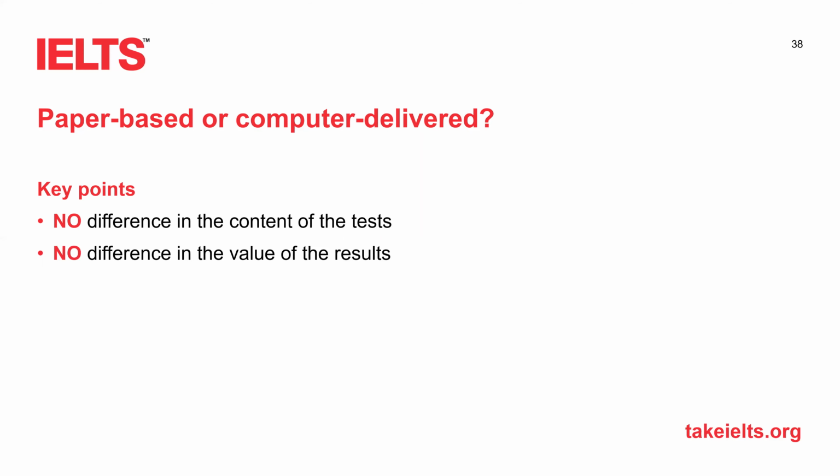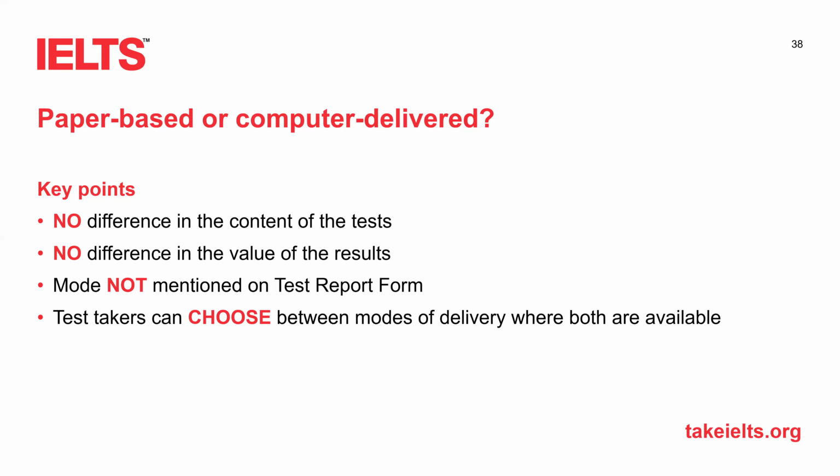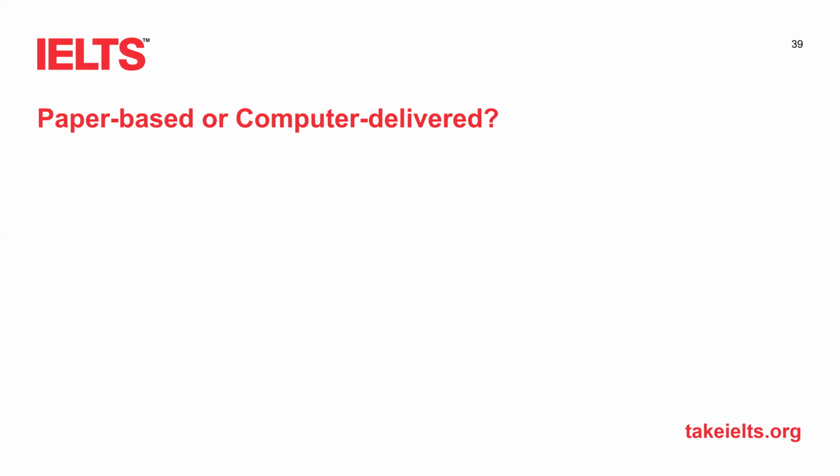There's no difference in the value of the results, which means getting a band 7 in the paper-based is exactly the same value as getting a band 7 in the computer delivered. In fact, the mode is not mentioned on the test report form. So on the test report form, it doesn't actually indicate whether you took the paper-based test or the computer delivered test. And you are free to choose between the modes of delivery where both are available.